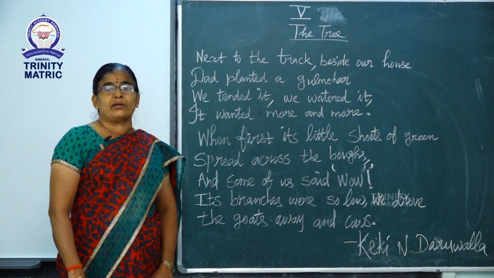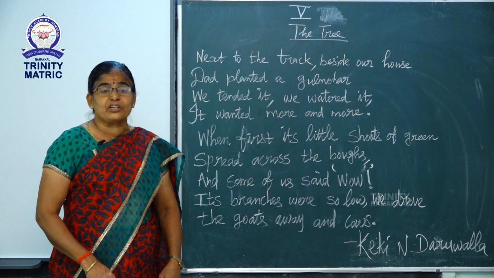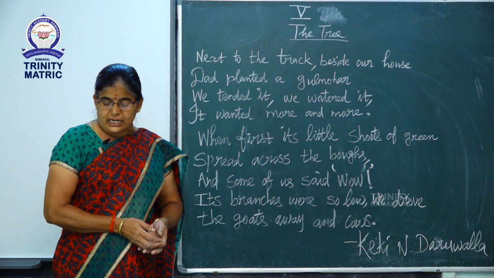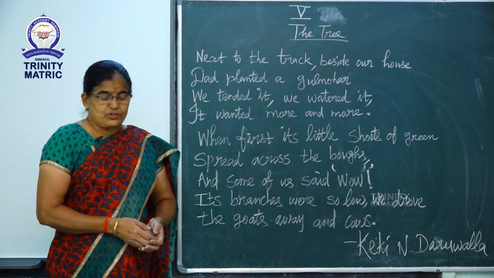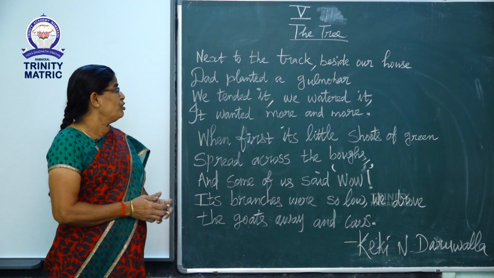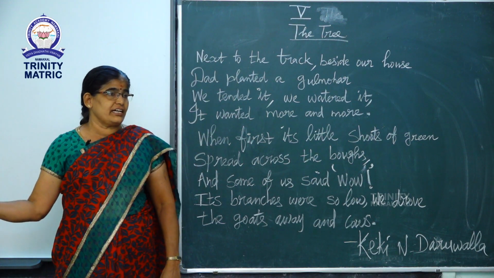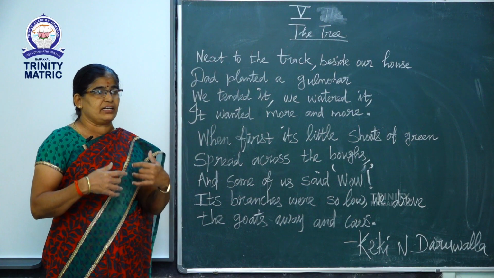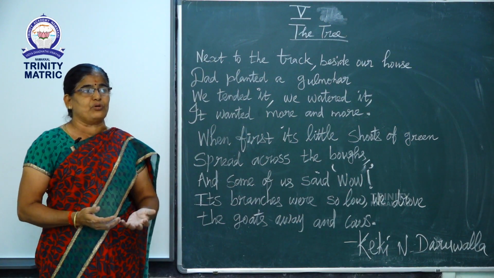He was a former police officer and he got many awards for his work, for his poetry collections and all. So this poet says that Dad planted a gulmohar tree at the side of his house and he watered the plant and it wanted more and more.